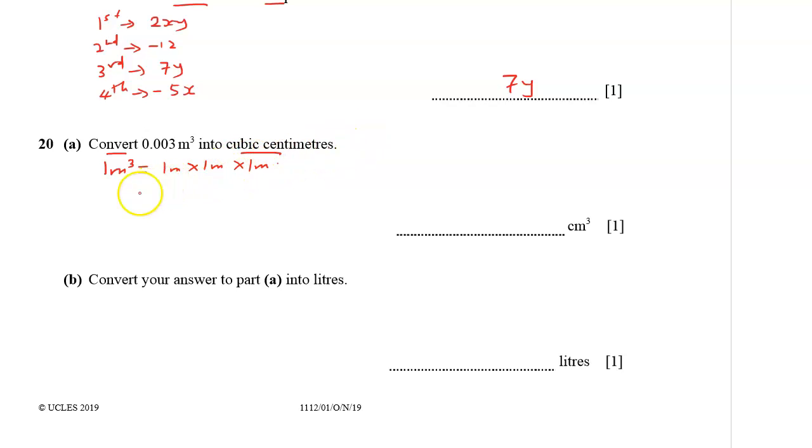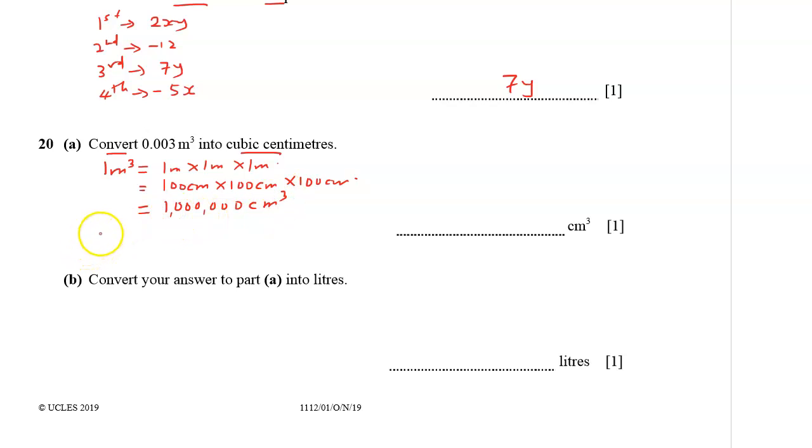But of course, you can change these meters into centimeters. We know that 1 meter is 100 centimeters, so this is the same as 100 centimeters times 100 centimeters times 100 centimeters. And therefore, 1 meter cubed is equal to 1 million centimeters cubed.